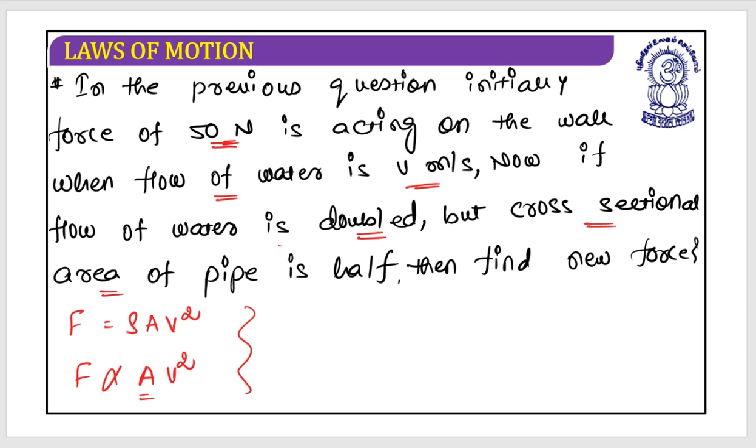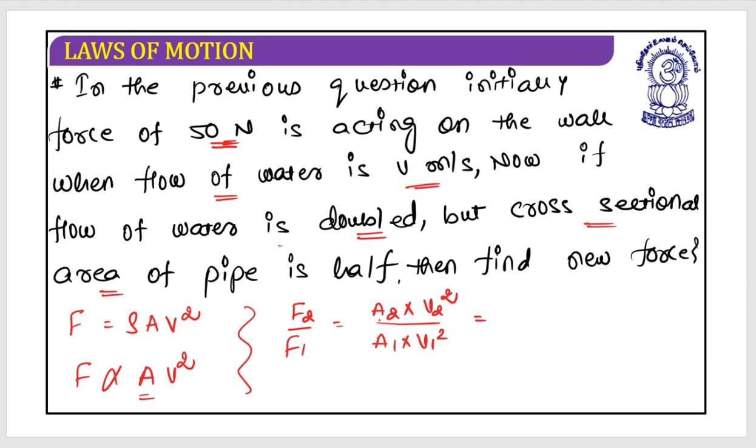Yes, they are talking about the cross sectional area itself, so it would be easier. Even they can talk about the radius, or the diameter of the pipe, and things would be quite typical. So let's begin. F2 by F1 should be equal to A2 multiplied by V2 square divided by A1 multiplied by V1 square.